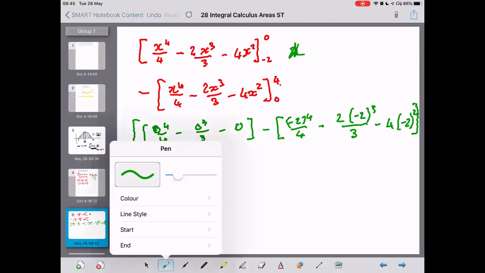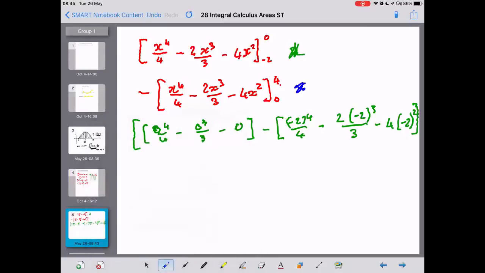And then do it in a different colour. This one. So you're going to take away 4 to the 4 over 4 minus 2 times 4 to the 3 over 3 minus 4 times 4 squared.